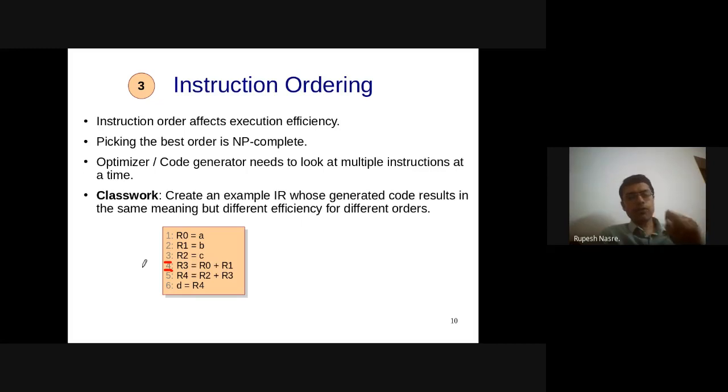How do you figure out that there is no meaning change? If I reorder instruction 3 and instruction 4, how can the compiler automatically say that there is no change of meaning, that is, the semantics remain preserved?